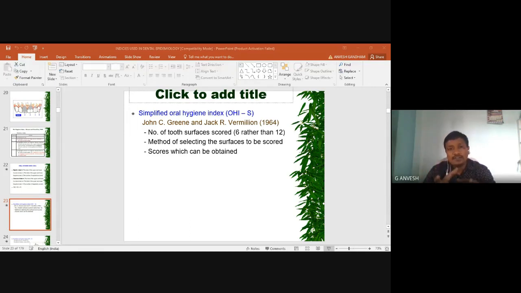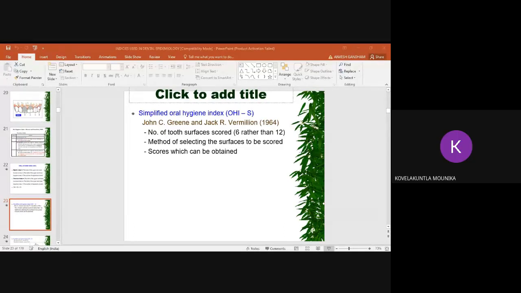So these are the surfaces that are sufficient for attaining the scores, and the method of selecting the surfaces to be scored and the scores which can be obtained are from two components, that is your debris index simplified and the calculus index simplified. So if you see the image, this is your buccal surface, labial surface and buccal surface, whereas in the lower jaw we have lingual surface for both the fourth quadrant.